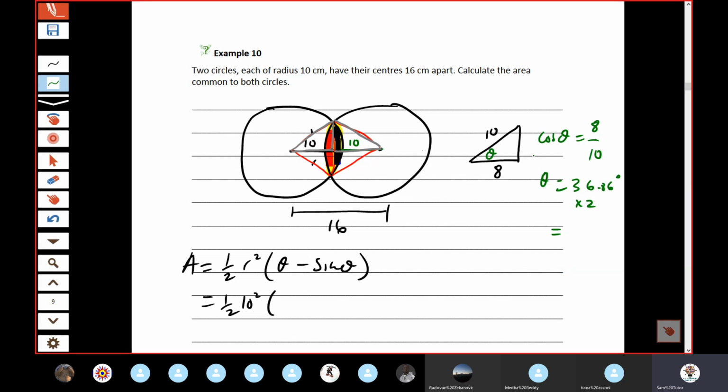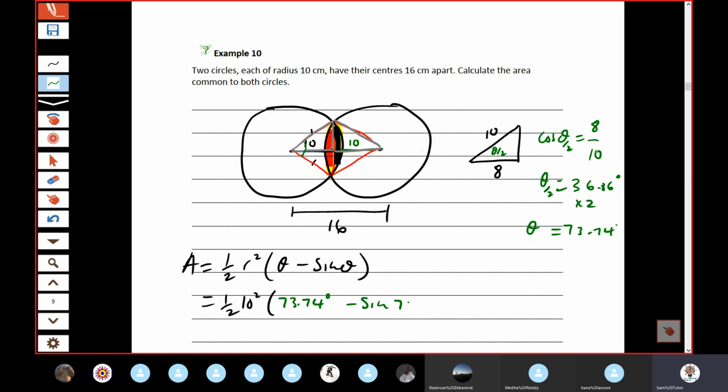Yes, maybe I shouldn't have chosen theta. Let's make it half of theta. So that way we can all just see times it by 2 is actually my theta, which is the whole thing. Theta would be times 2, 73.73 or 74. So this is 73.74 degrees.